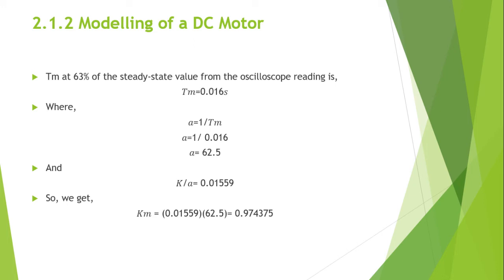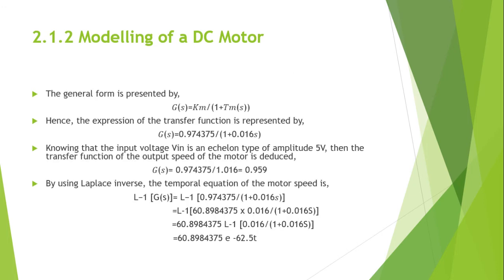After that, we find the value of Km, which is a times 0.01559, which is the word out of the system. Next, we use the general form of the transfer function and substitute the values, and we use the Laplace transform and get the Vt equation.